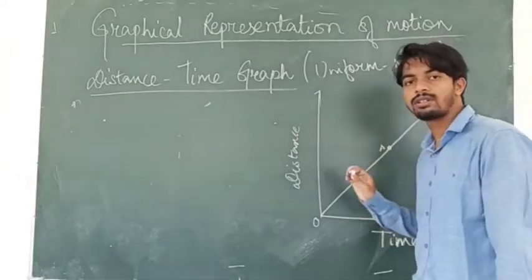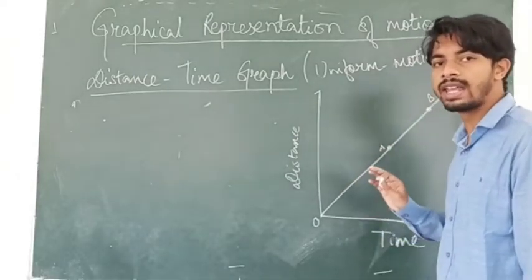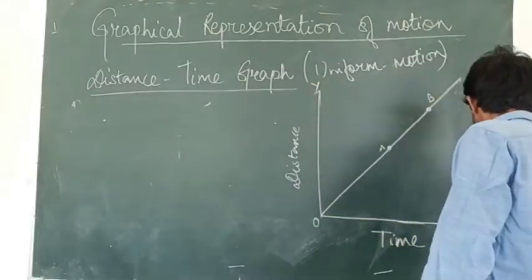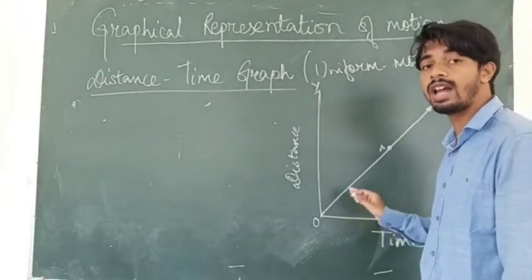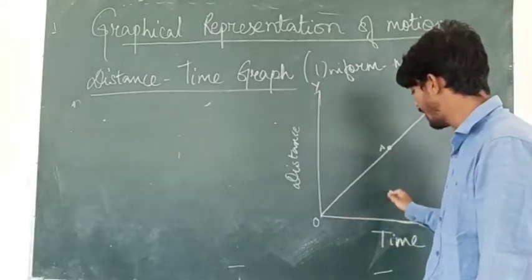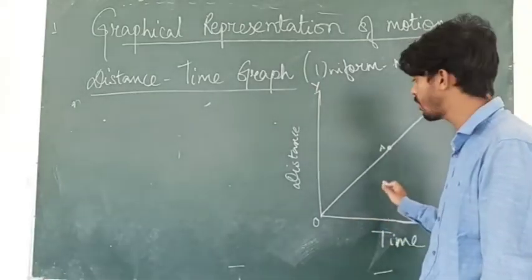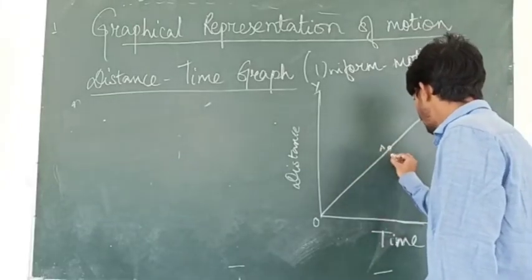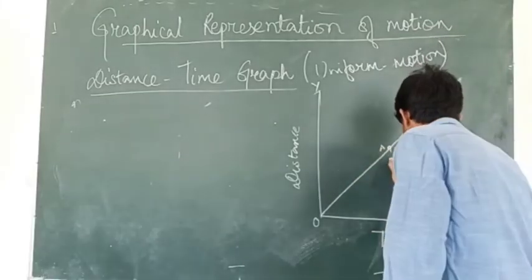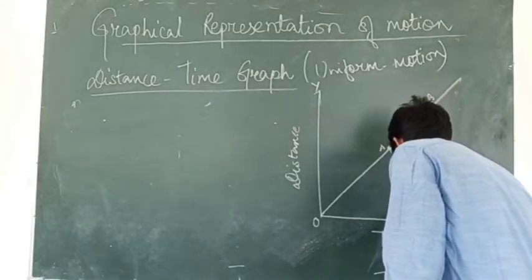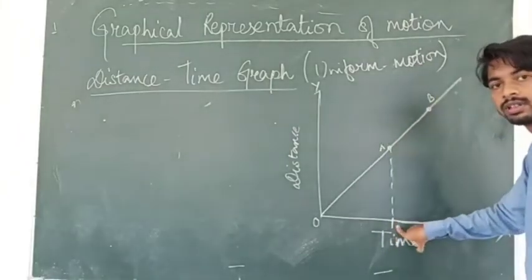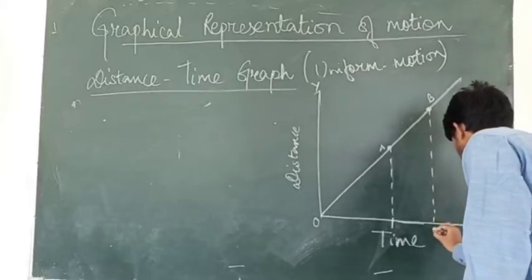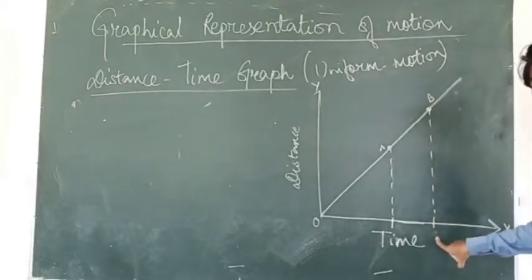To know the coordinates of the x and y axis in any graph, we just pull down a straight line perpendicular to the x-axis and a straight line perpendicular to the y-axis. For point A, if I take a perpendicular line, it will simply go like this, meeting at this point. Another line will also go down and meet at this point.